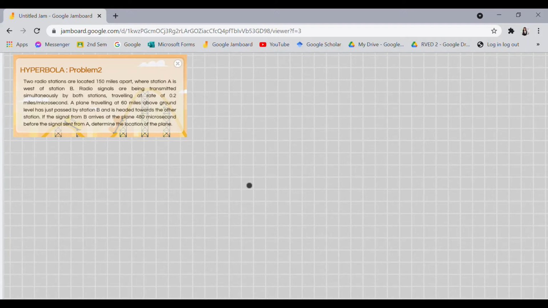The use of hyperbola here is that each station has its signal, and the signals are coming like waves. Those waves are actually forming the curve of the hyperbola. So that is really the main application of hyperbola.